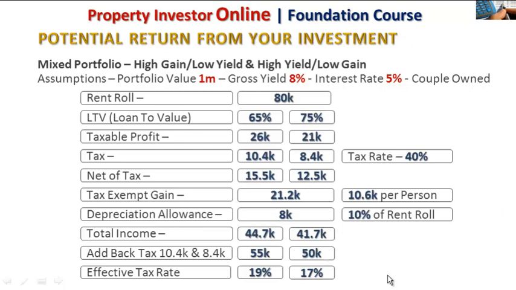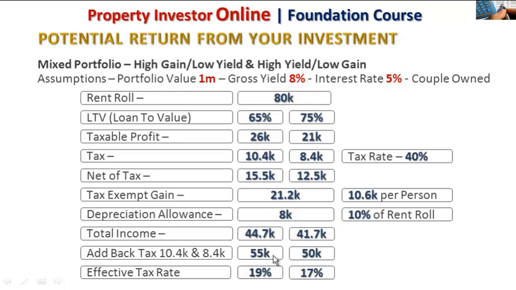Now, by the time we have finished looking at the financial dynamics of buy-to-let, we will come back to this slide when the effective tax rate will be reduced to zero in both cases, 65 and 75% LTV, and the total income will increase from £44,700 at 65% loan to value to £55,000, and this is your total cash in the bank, no tax to pay.